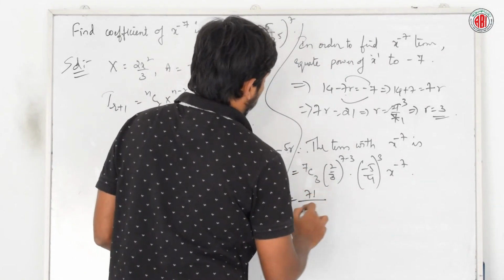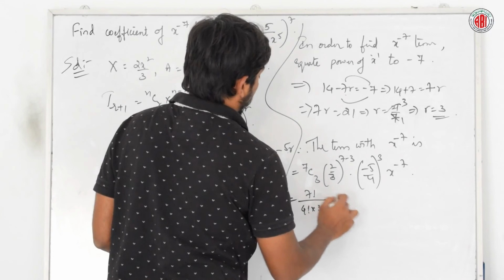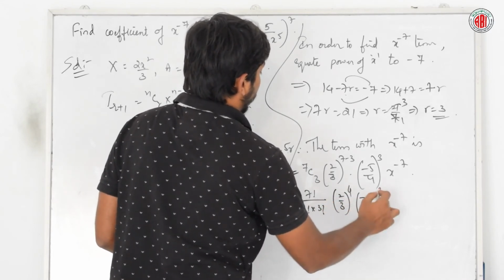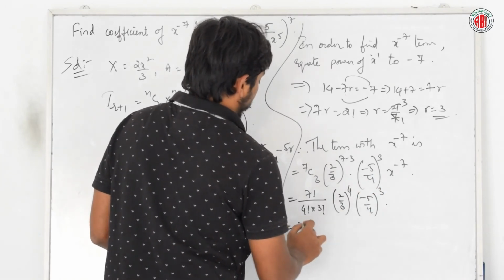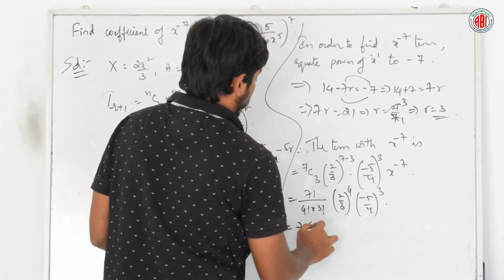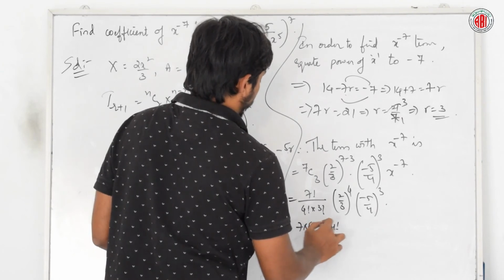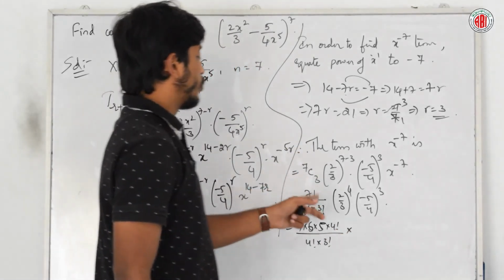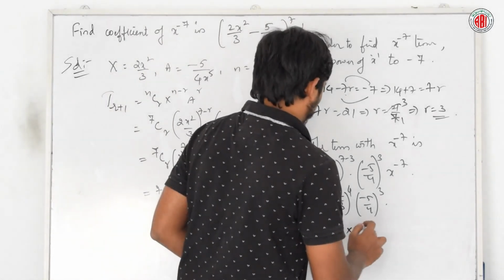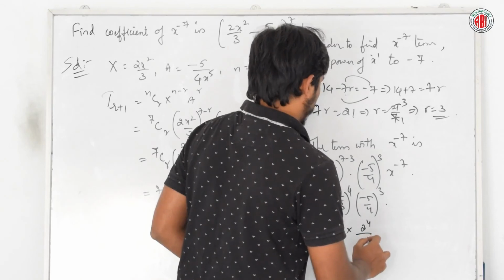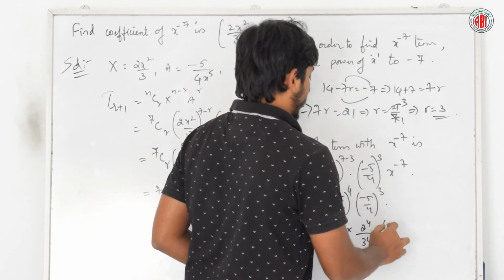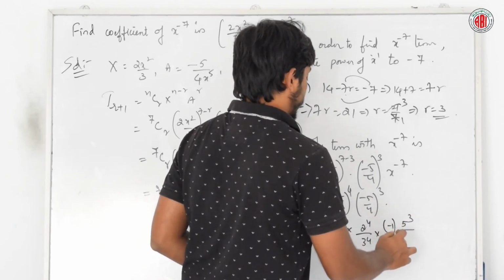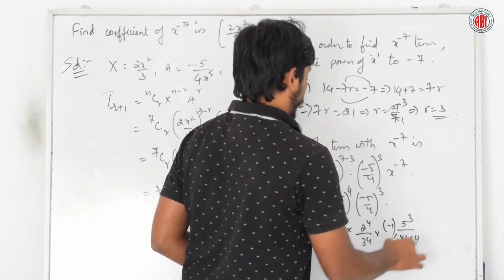7C3 is 7 factorial by 4 factorial into 3 factorial. (2 by 3) whole power 4, (minus 5 by 4) whole power 3. This is 7, 6, 5, 4 factorial by 4 factorial into 3 factorial into 2 power 4 by 3 power 4. Since it is power 3, it will be minus 5 cube by 4 into 4 into 4.